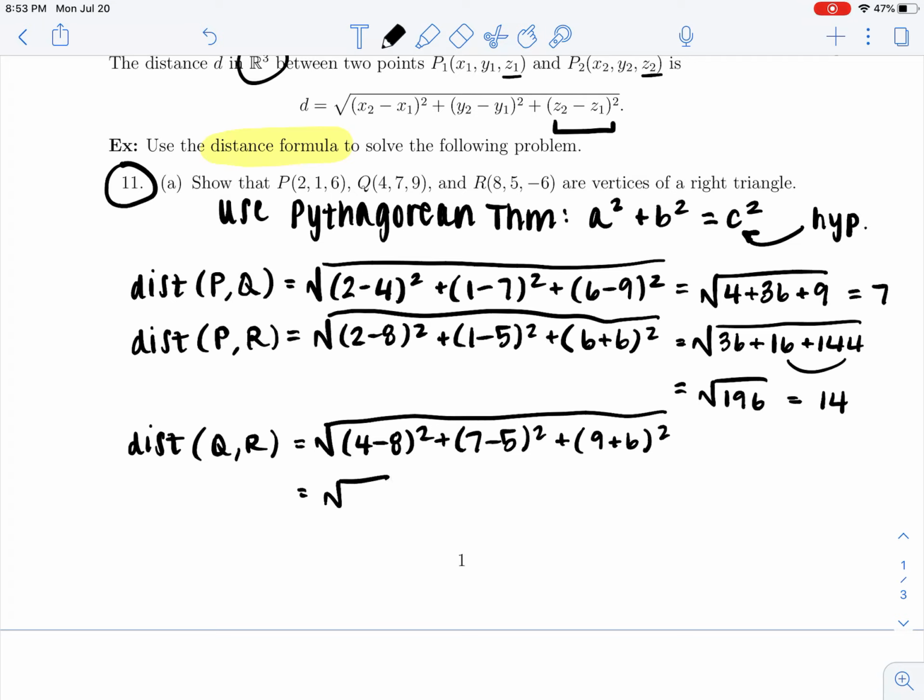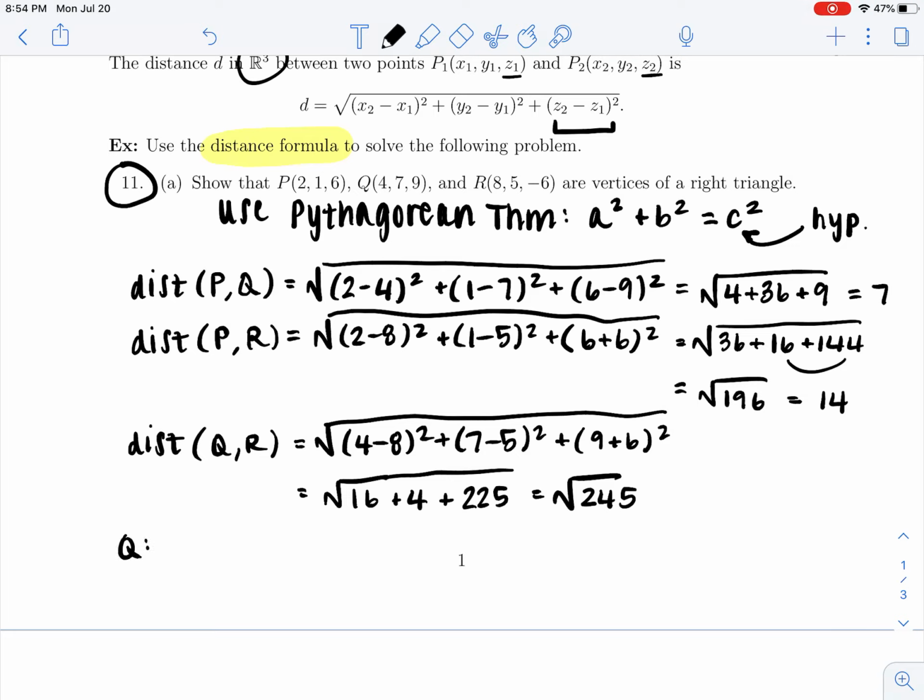So this is the square root of 16 plus 4 plus 15 squared, which is 225. So 225 plus 20 is the square root of 245. That is not a perfect square, so I'm just going to leave it as that square root.